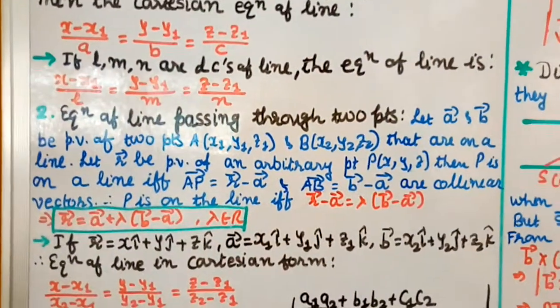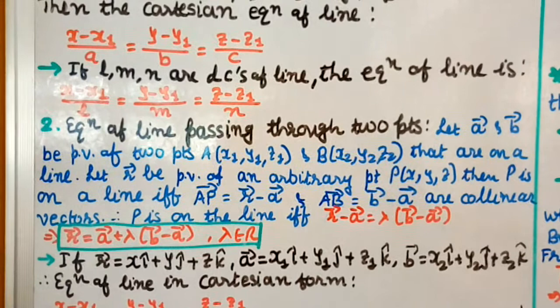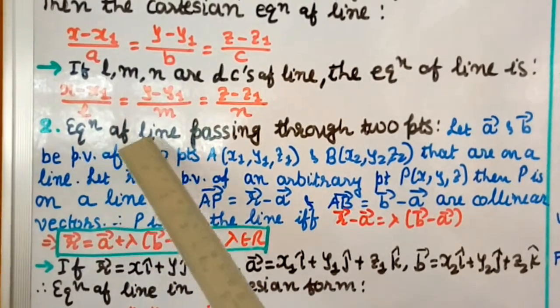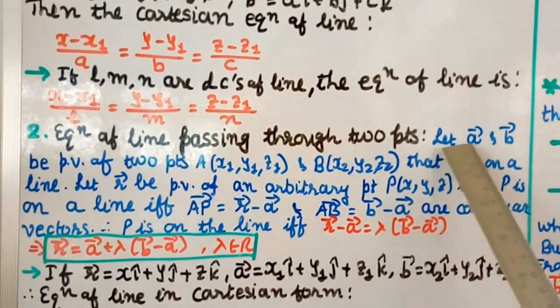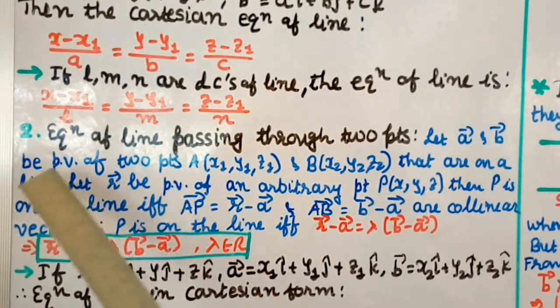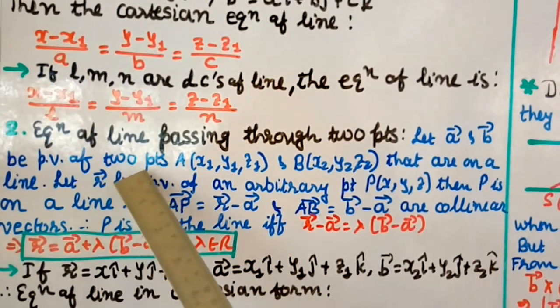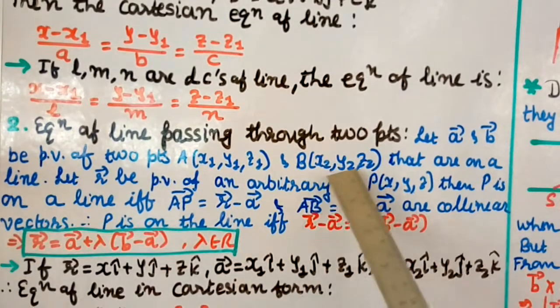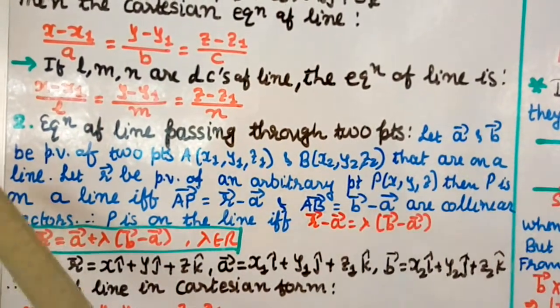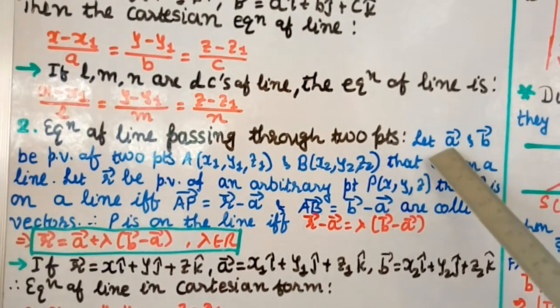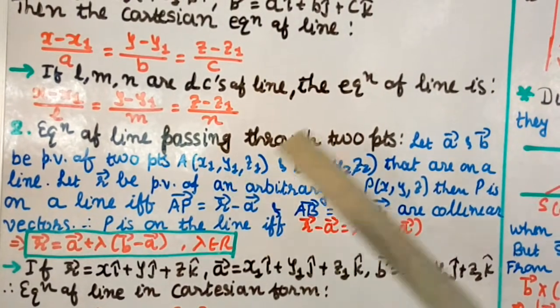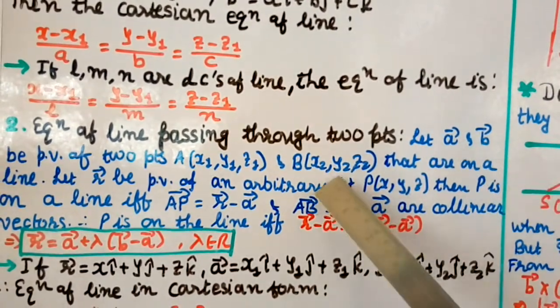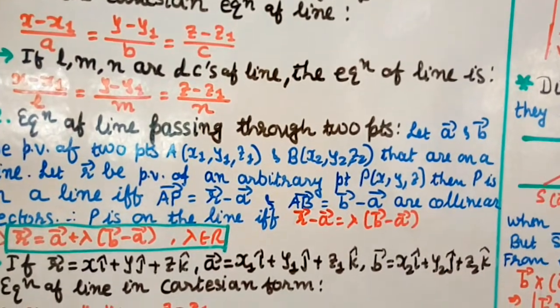Now the second part is if you are given a line passing through two different points, equation of line passing through two points. So let vector a and vector b be position vectors of two points, point A (x1, y1, z1) and B (x2, y2, z2), that are on a line. So small a is the position vector of point A and small b is the position vector of point B, and they are on a line.